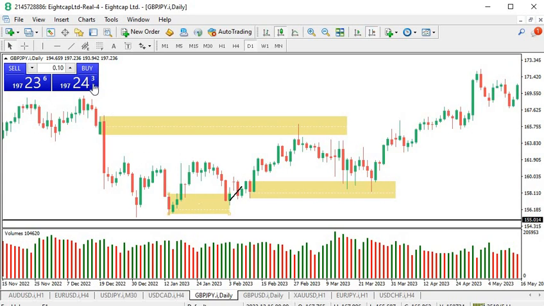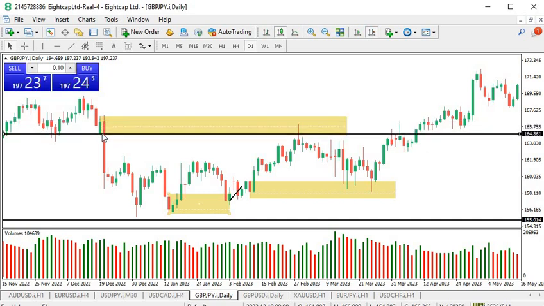So now where we will place our profit target area, we will target the next supply zone, which is this area. We will not target its last point, but its initial one. Let's say this area.